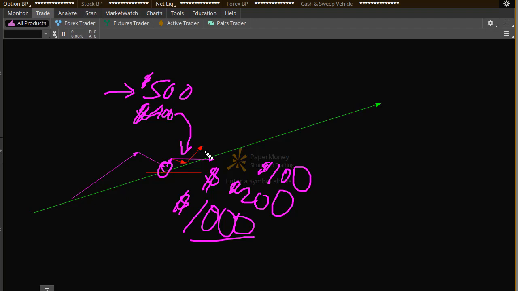Anybody guilty of that? You get that winning trade that looks really good, and the entire day you spend staring at that chart wiggling around because you want to squeeze a few more pennies out of that trade.